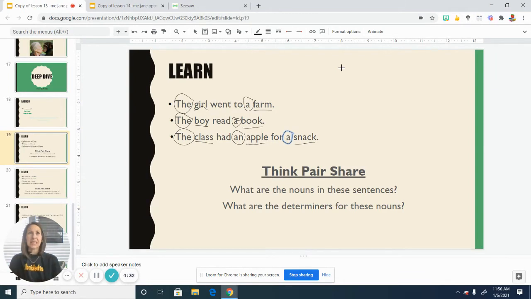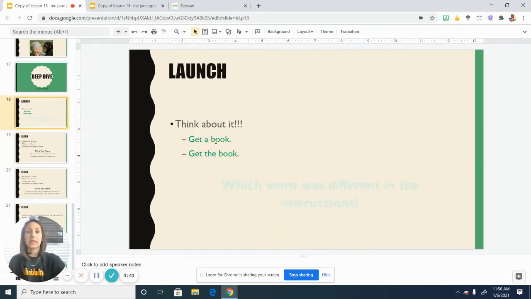Now, let's think about the difference in these articles. So listen to these two different directions. If we said, get a book, get a book. Now, if I said, get the book, how is the meaning of those two sentences different? Yeah, when someone says, get a book, we would take that to mean you could get any book.